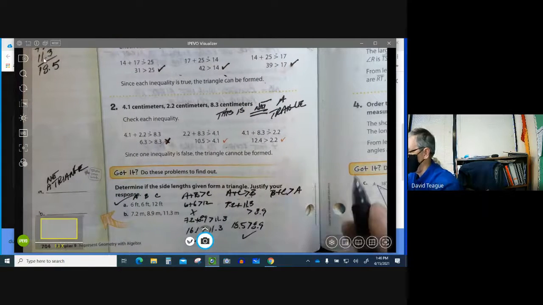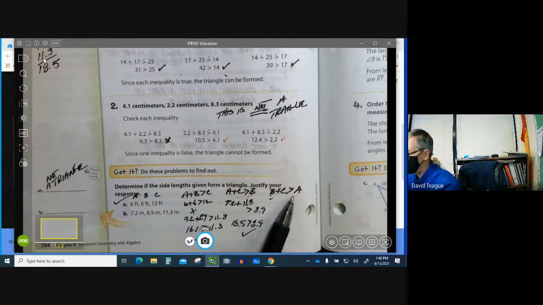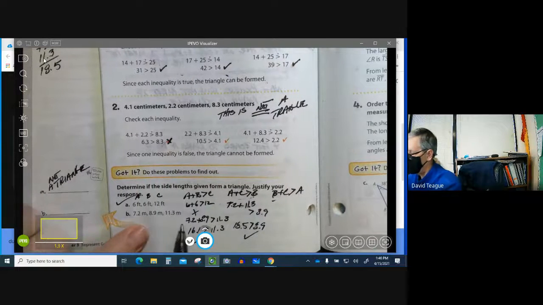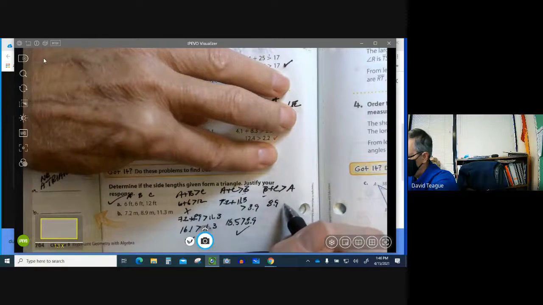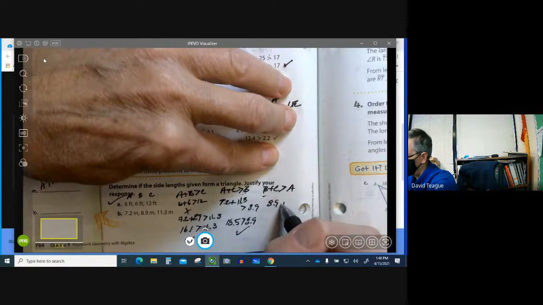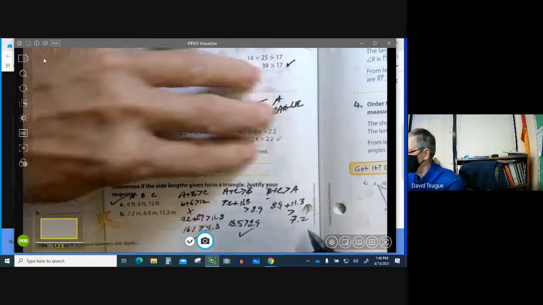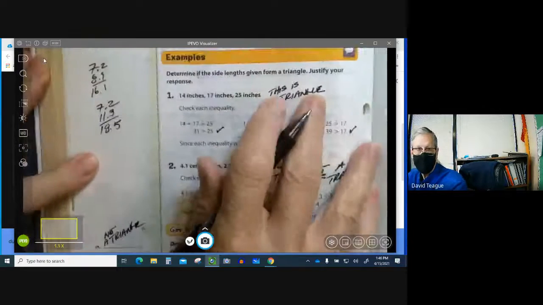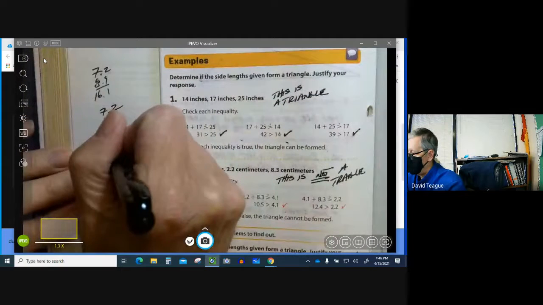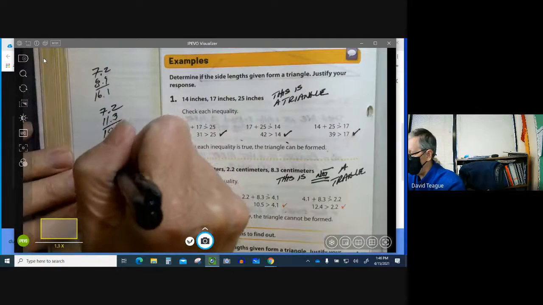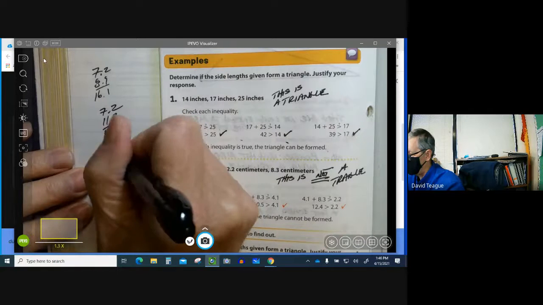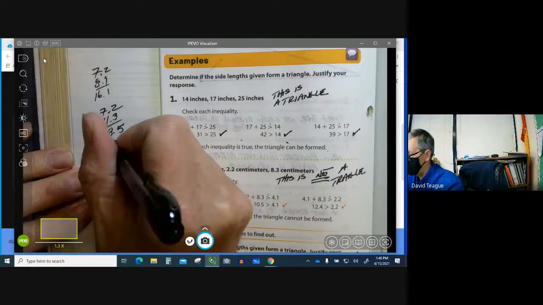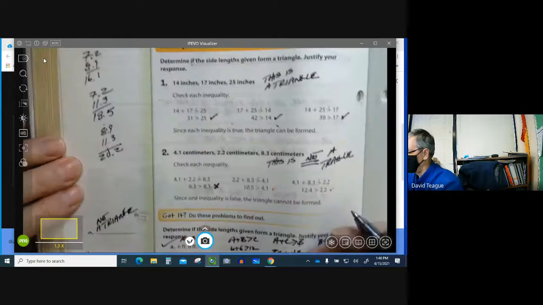That is true. Now we've got B plus C is greater than A. So that's 8.9 plus 11.3 is greater than 7.2. Okay, so now we're going to add up 8.9 plus 11.3, that makes 20.2.